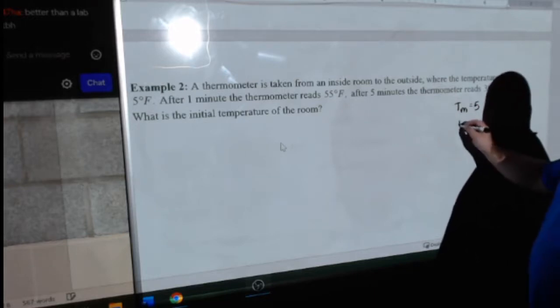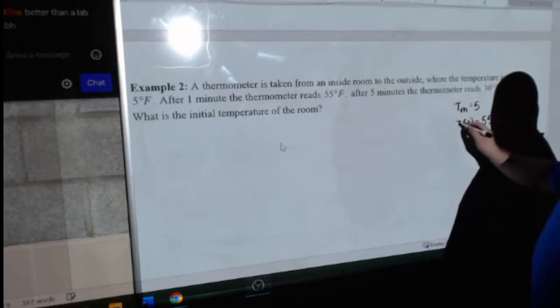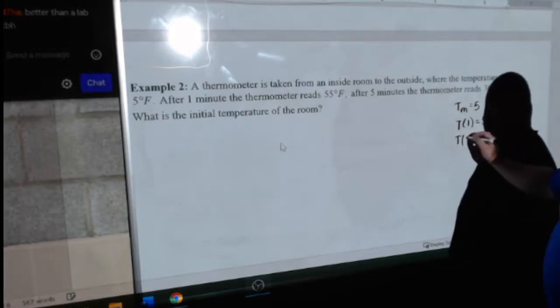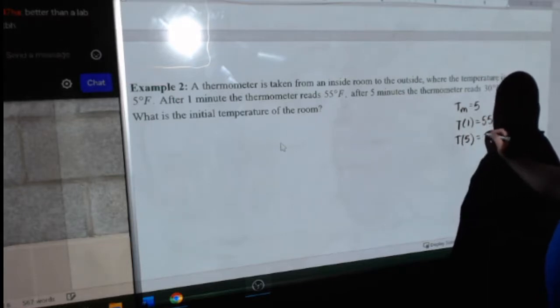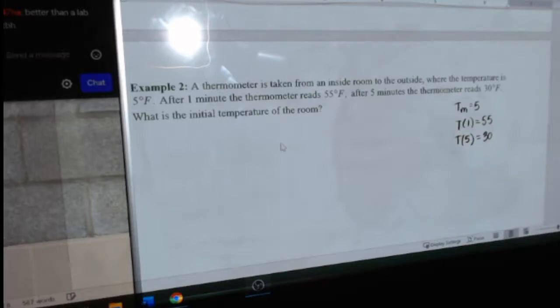So T of 1 equals 55. After 5 minutes, it reads 30. So T of 5 equals 30. What is the initial temperature of the room?